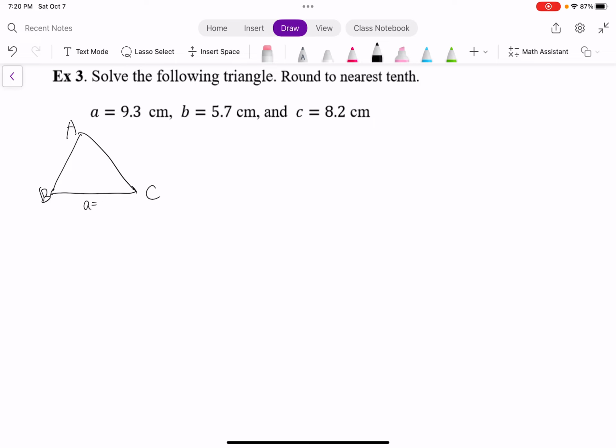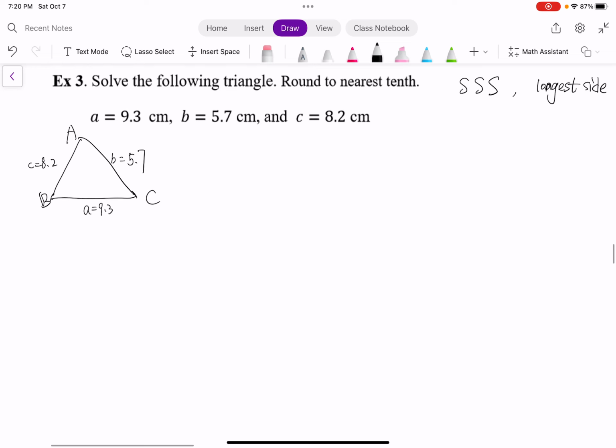A is given 9.3 and B is given 5.7. C is given 8.2. And then the first step says, if this is the SSS case, use the law of cosine to find the largest angle. Which is the longest side? A, because A is 9.3.